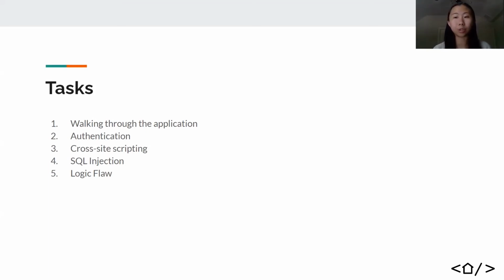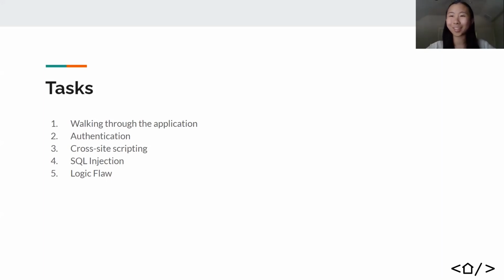After that, we're going to do a SQL injection and try to gain access to usernames as well as another way to log in as someone. And the last thing we're going to do is a logic flaw. So we're going to take advantage of a logical flaw in the application.